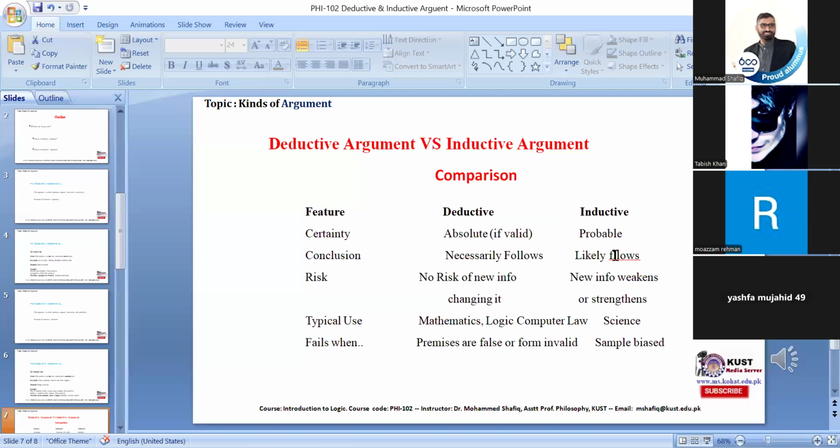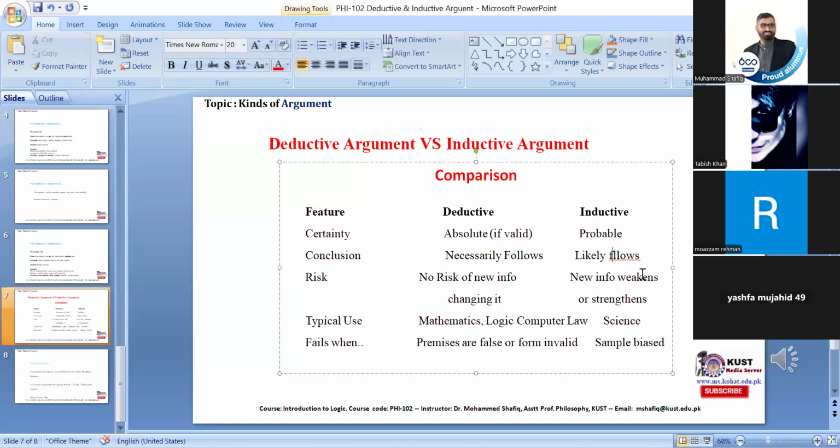If we add more propositions, more premises, more cases into an inductive argument, it will obviously strengthen the argument. But if there is no new information, then it's okay.